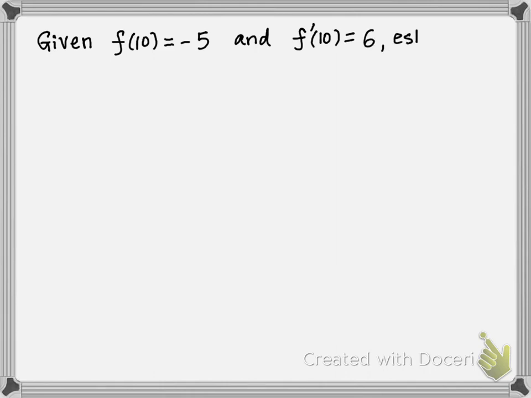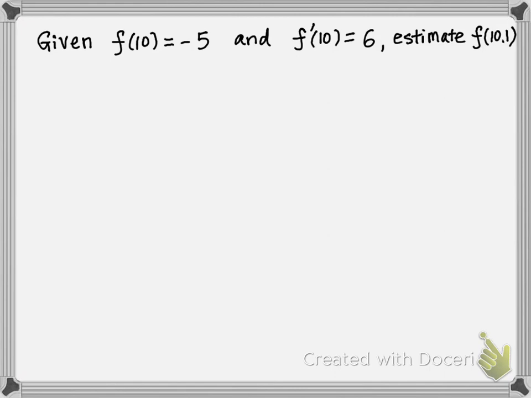Can we estimate f of 10.1? We don't know f. We don't know much about f. We don't know the expression. All we know is at 10, f of 10 is -5, and f prime of 10, the rate of change at 10, is 6.